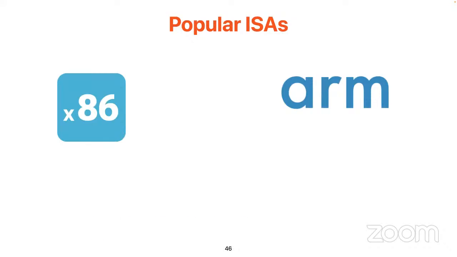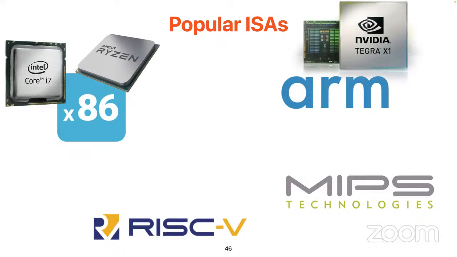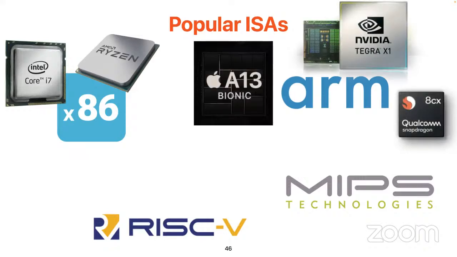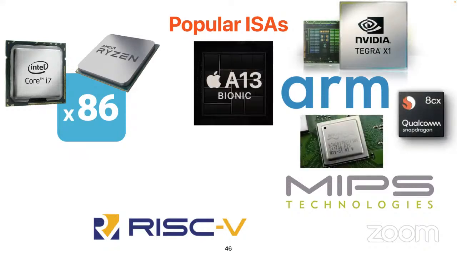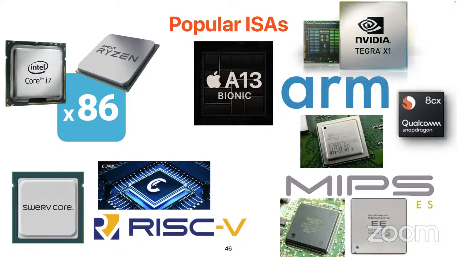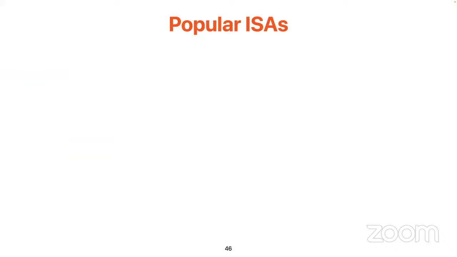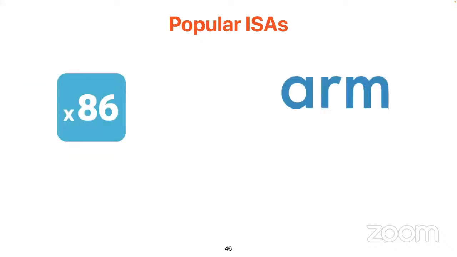So if you look at the popular instruction set architectures that we have for now, if you are having an Intel or AMD processor, you are on the side of x86. But if you are having an NVIDIA processor, or an Apple processor for your mobile phone, for customized cores, typically it's based on instruction sets like MIPS or ARM.